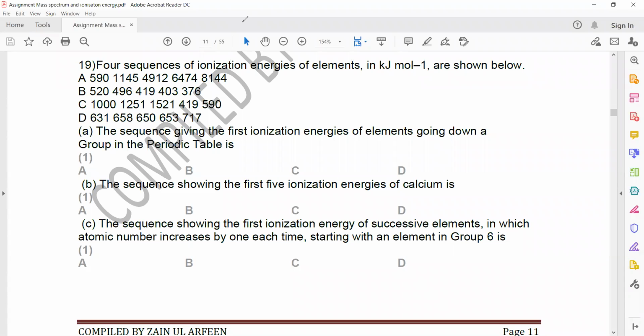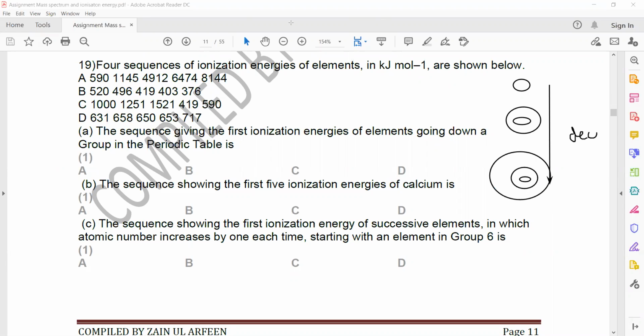When we go down the group, the ionization energy should decrease because the size is increasing. The first element will have 1 shell, the second in the group 2, then 3, and so on. Which sequence is giving energy down the group? It should decrease. So you have to check these numbers.